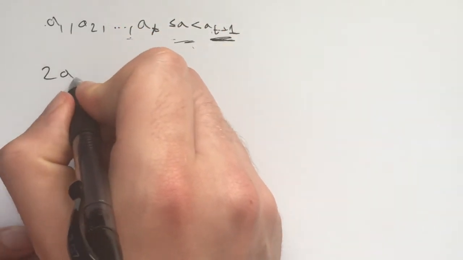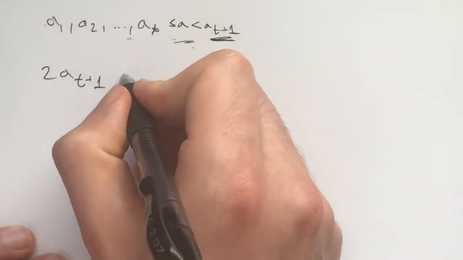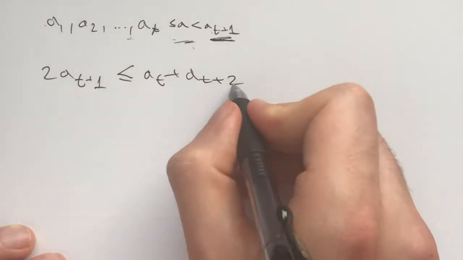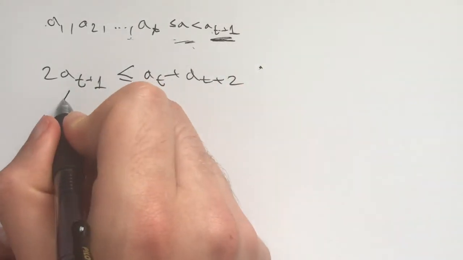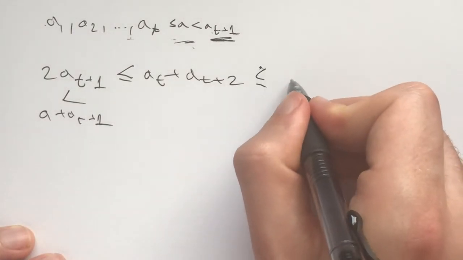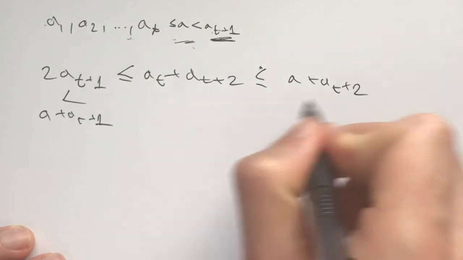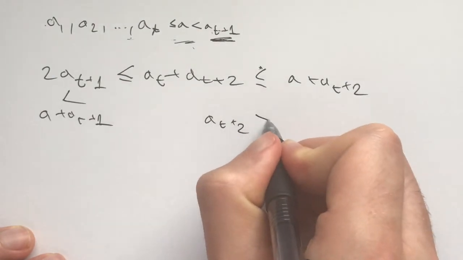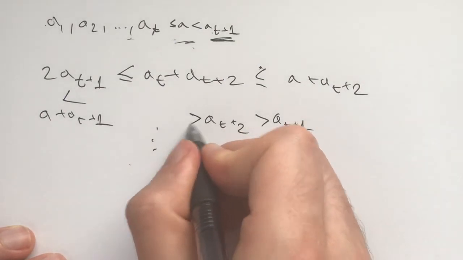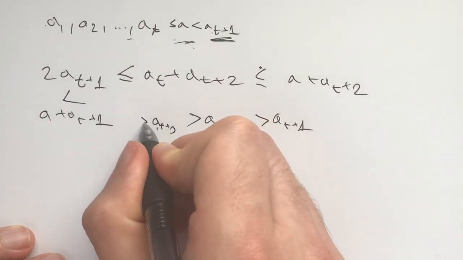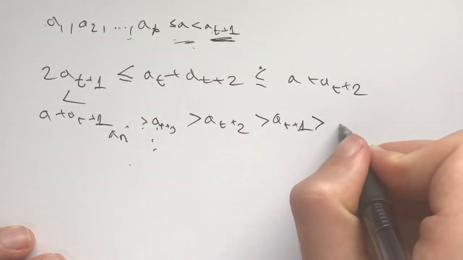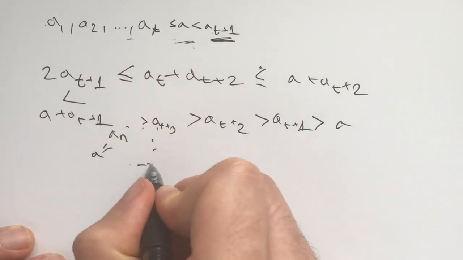Here we can use the fact that 2a(t+1) is less than or equal to at plus a(t+2), and because this is greater than a plus a(t+1), and this is less than or equal to a plus a(t+2), we get that a(t+2) is greater than a(t+1). Then via induction we get that this is less than a(t+3), and all the way till an, but this is greater than a, and this is equal to a, and we get a contradiction.